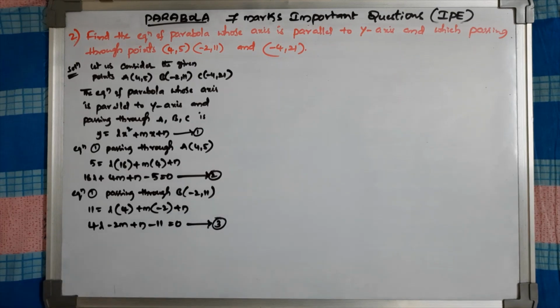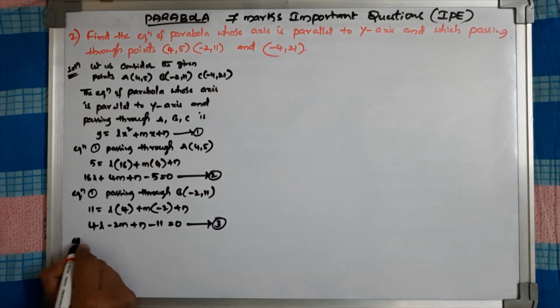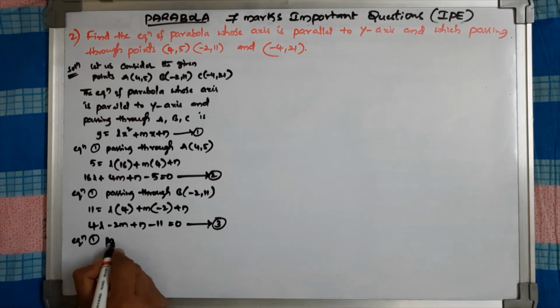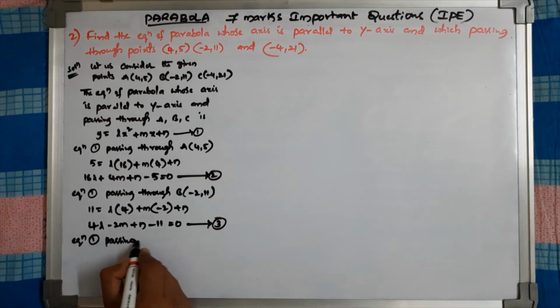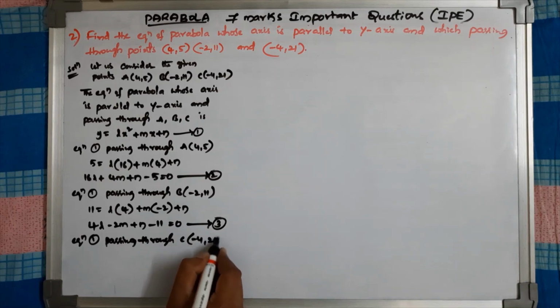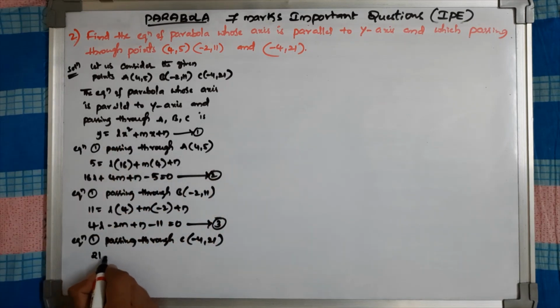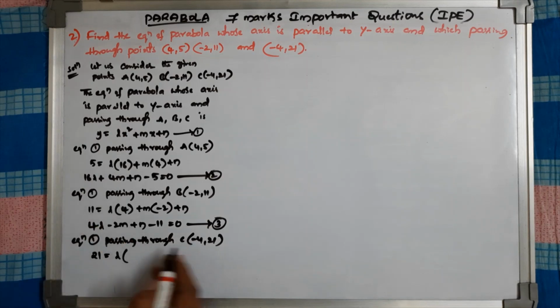Consider this as 3. A and B are over, the remaining point is C. Equation 1 passes through point C (-4, 21), so substitute the values of x and y in equation 1. 21 = L into (-4)², that is 16, plus m into -4 plus n.